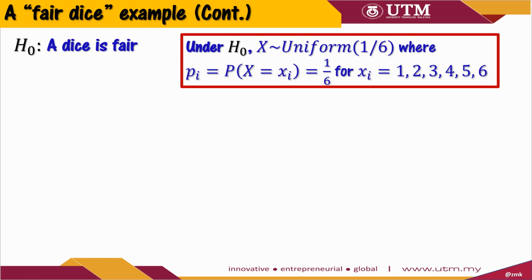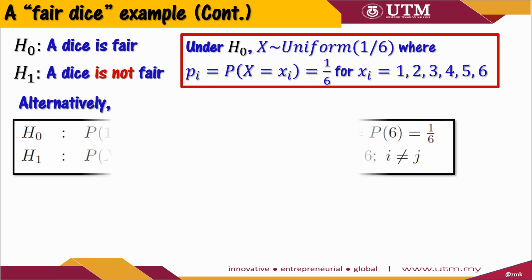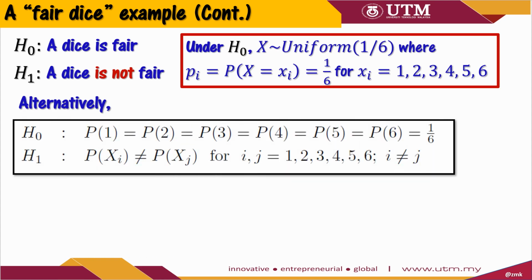On the other hand, under H1, the dice is not fair, that is, the distribution for X is not uniform. Alternatively, you can also write the hypothesis statements like this, where under H0, the probabilities P(X=1), P(X=2), and so on are all the same, that is 1 over 6, whereas under H1, any of the probabilities could be different from 1 over 6.